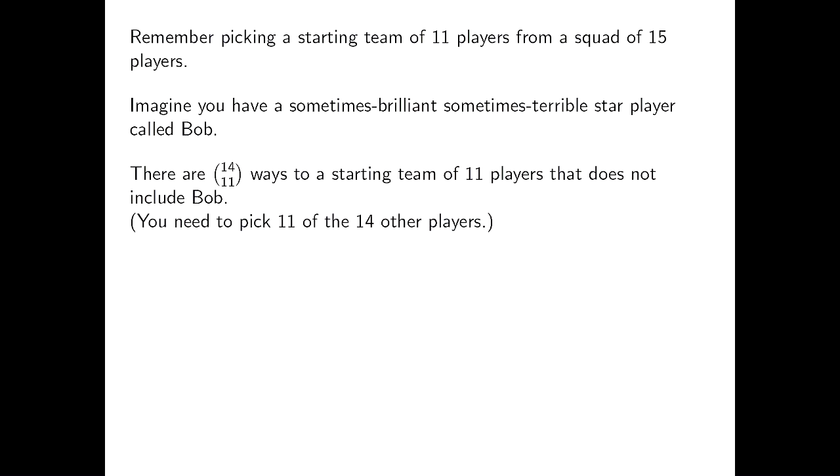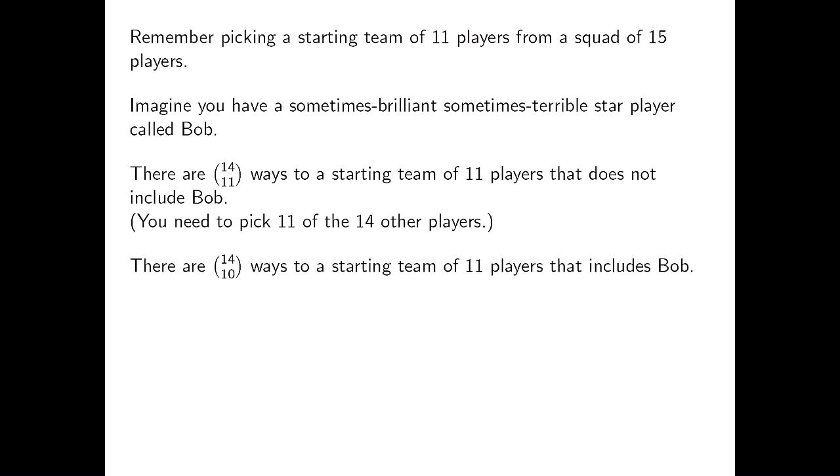And if Bob is definitely playing, if he's really on today, then you're actually at 14 choose 10, right? Because Bob's definitely in the team, so you're only picking 10 others, and you've got the rest of the 14 to select from. Make sense?